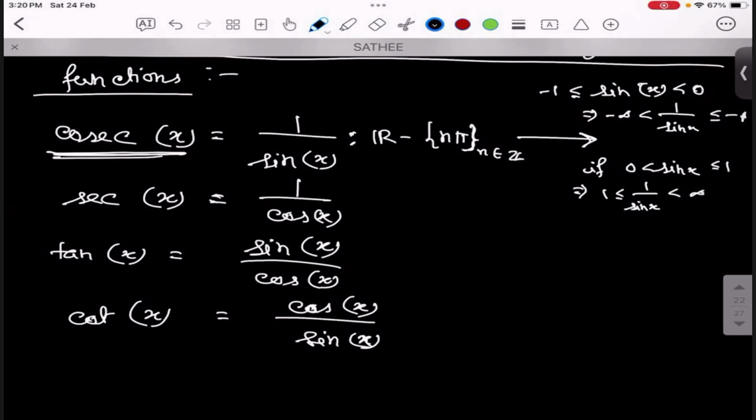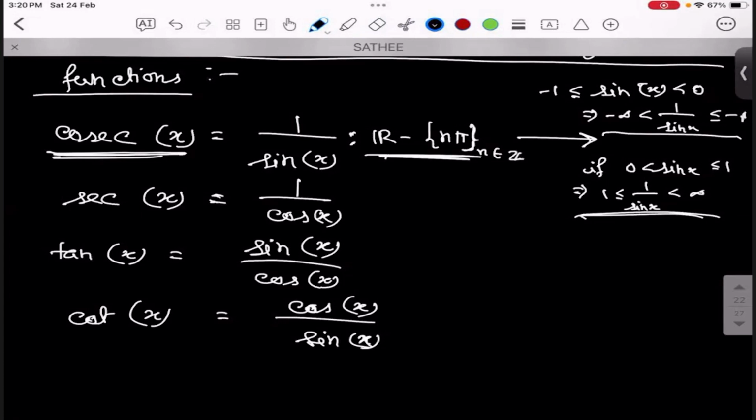Okay, so one can clearly see that for the range of sin x, the 1 by sin x lies in this interval or this. And whatever we have eliminated from the domain, like I have eliminated the n pi's. Now n pi are the points where sin x can attain 0.